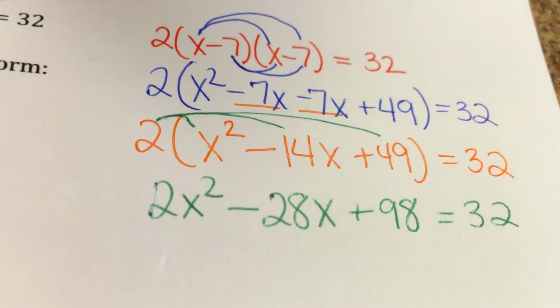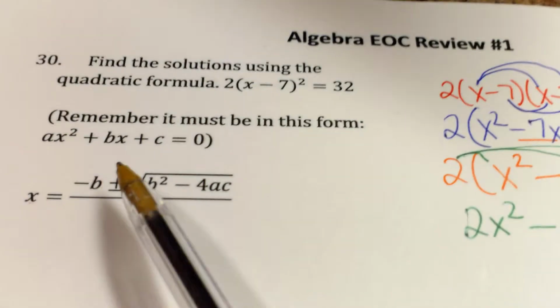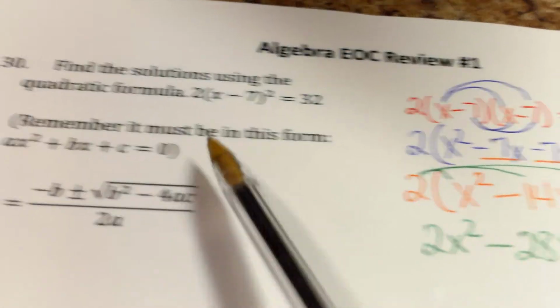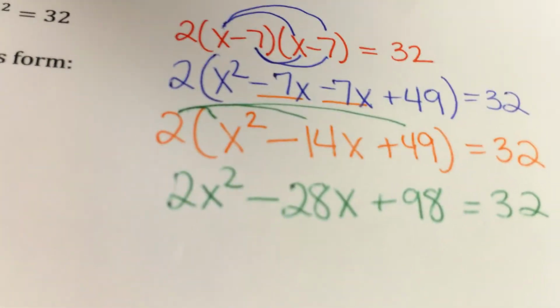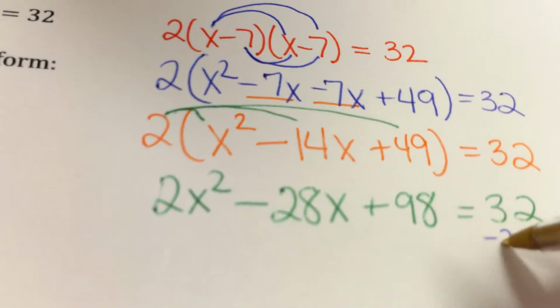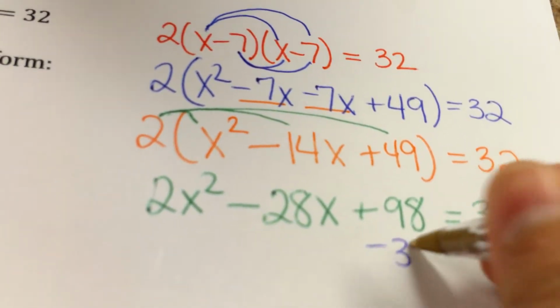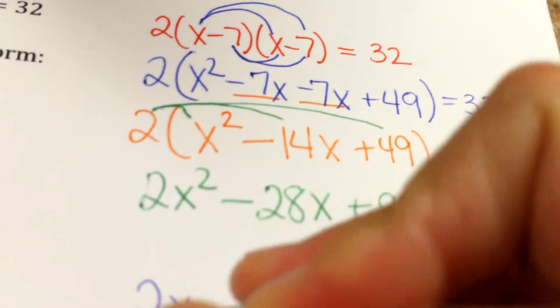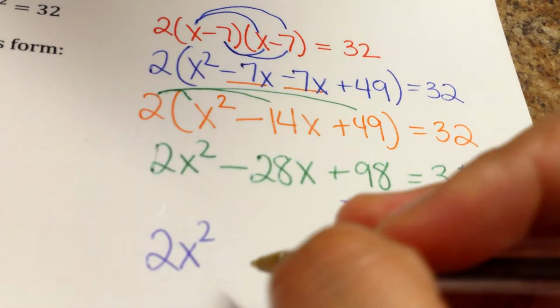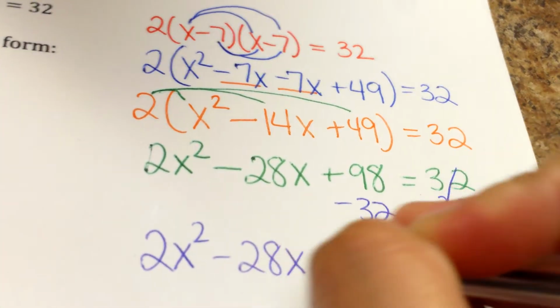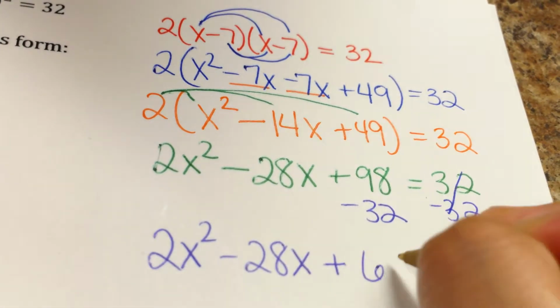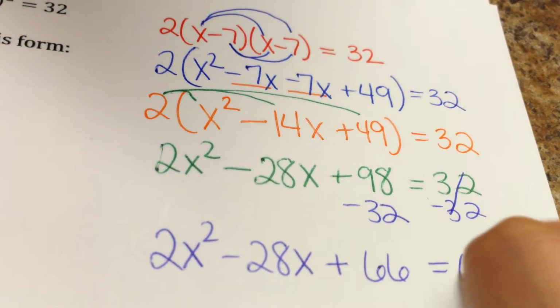Then we want to make it equal to 0 because remember we want it in this form, ax squared plus bx plus c equals 0. Always make it equal to 0. So we are going to subtract 32. Subtract 32. Now I have 2x squared minus 28x plus 66 equals 0.